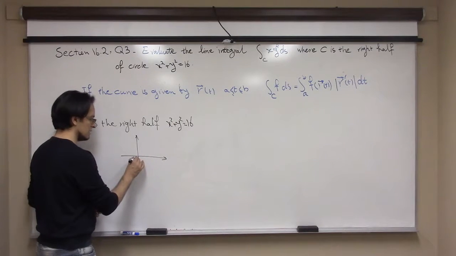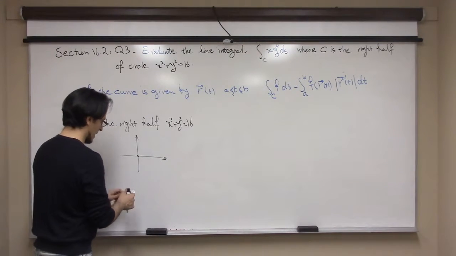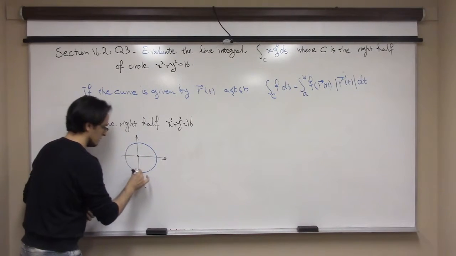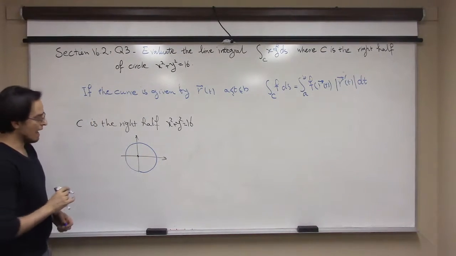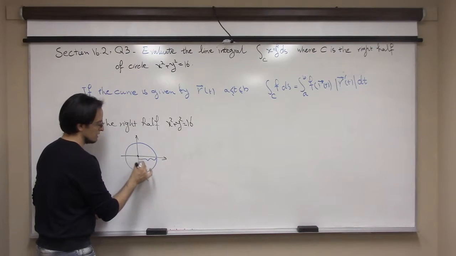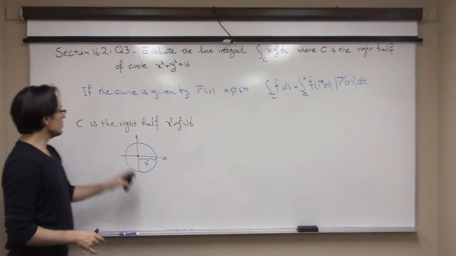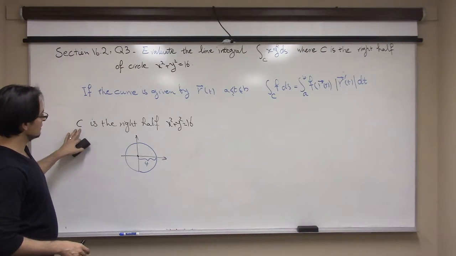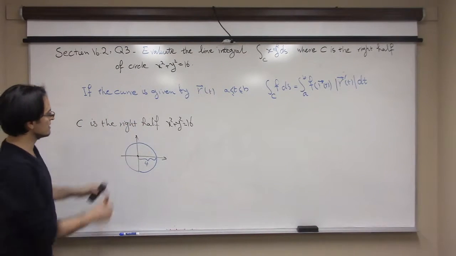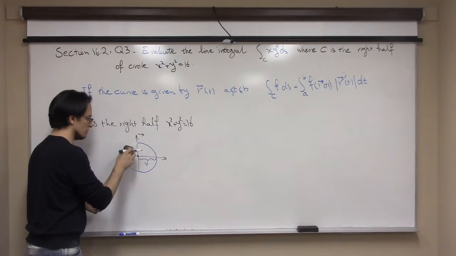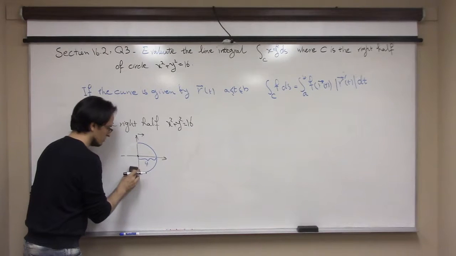So it is a circle centered at the origin and the radius is 4. But we don't want the whole circle. It says just take the right half of it. So it goes from here to here.